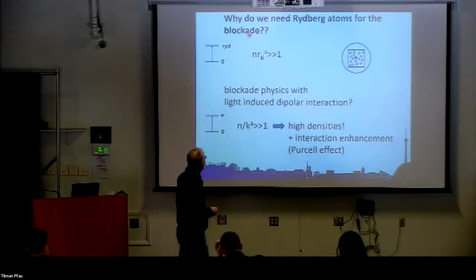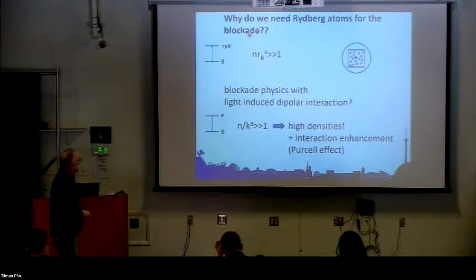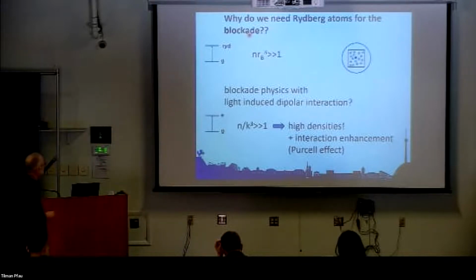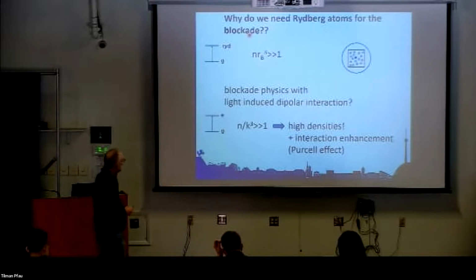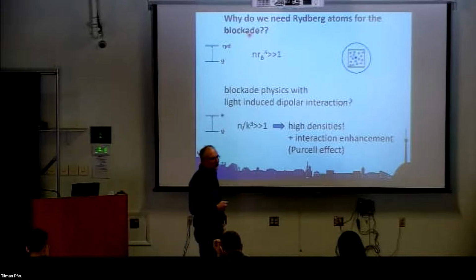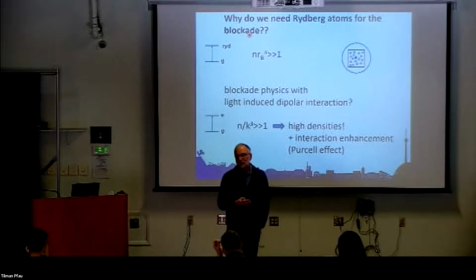Yeah? If you look now in the vapor cell, it turns out you can get densities that are so high, much higher than in any BEC, for example, such that the atoms are even closer than the optical wavelength.